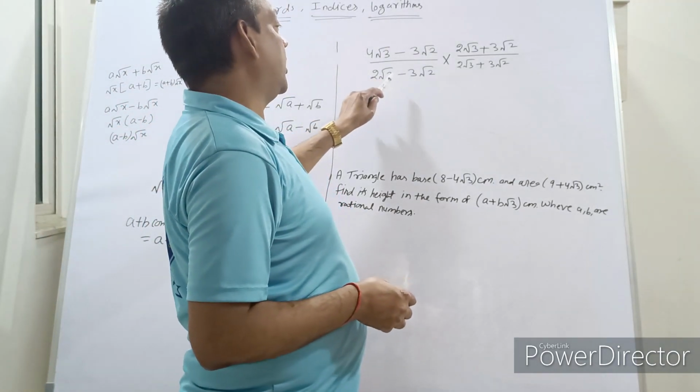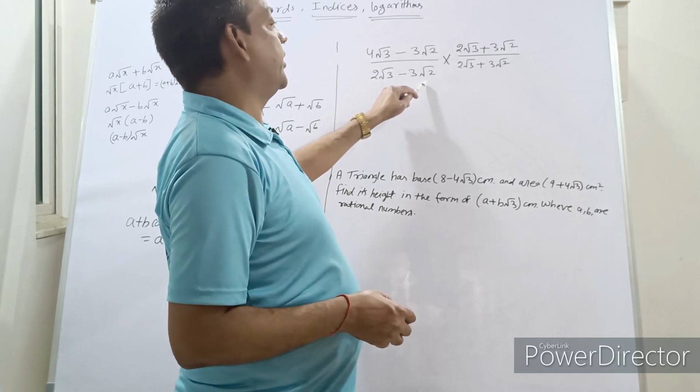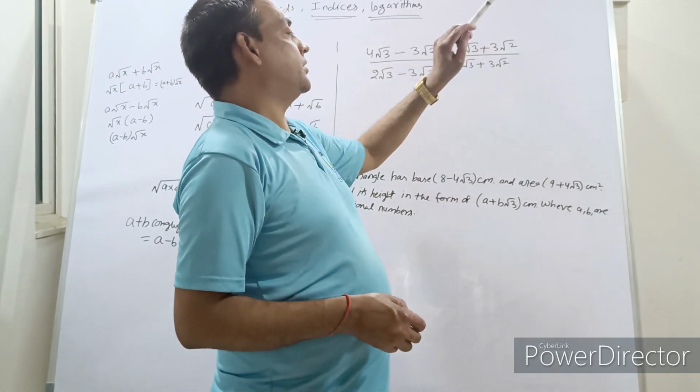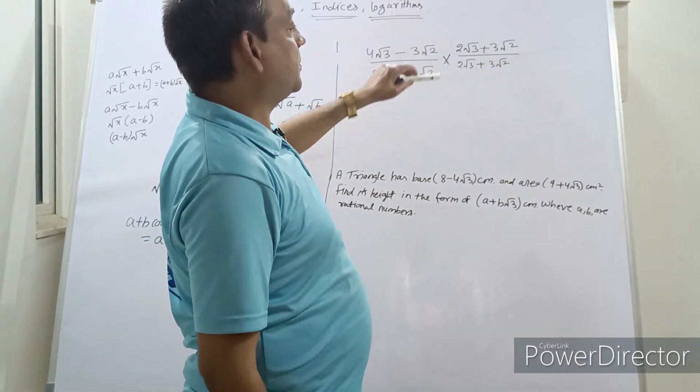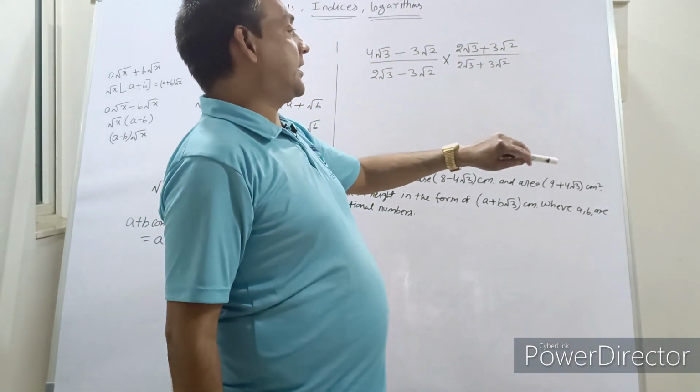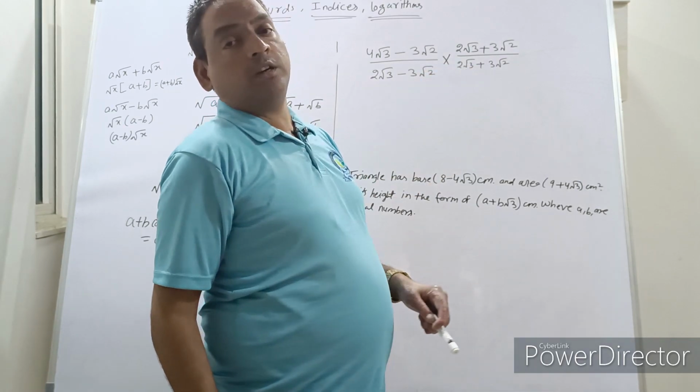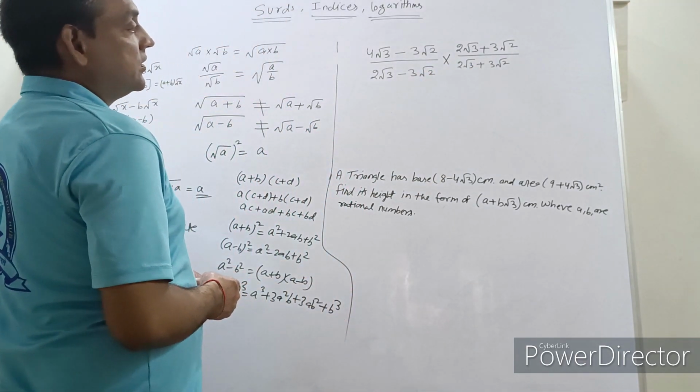So what is the conjugate? If a minus b is given, it becomes a plus b. So we multiply a plus b on both. Means whatever you multiply in the numerator, the exact same you have to multiply with the denominator also to balance the equation.